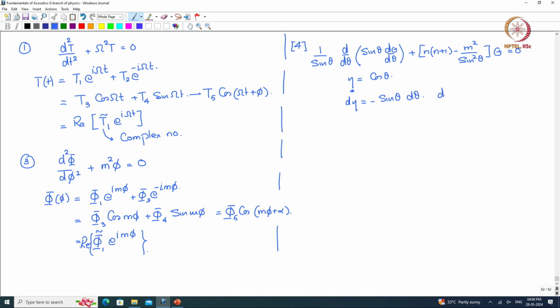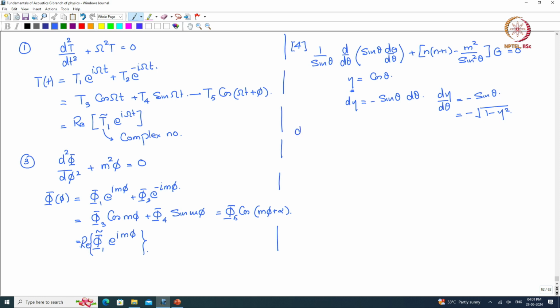So that d eta d theta is minus sin theta, or equal to minus square root of 1 minus eta square. Okay.